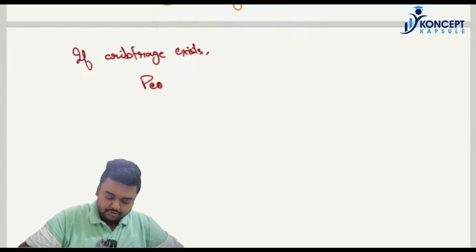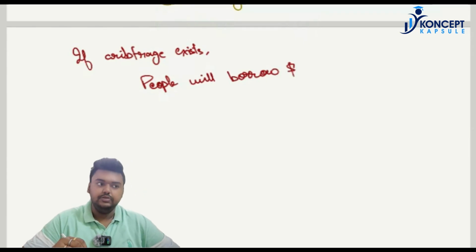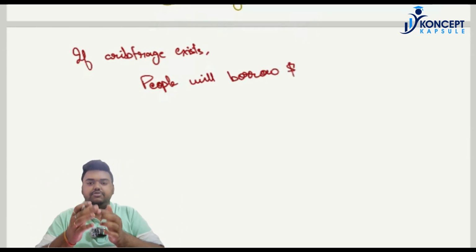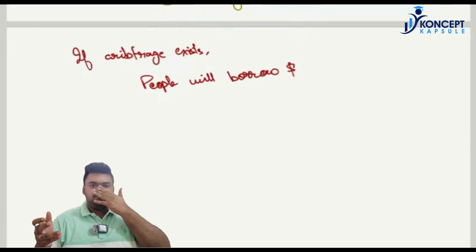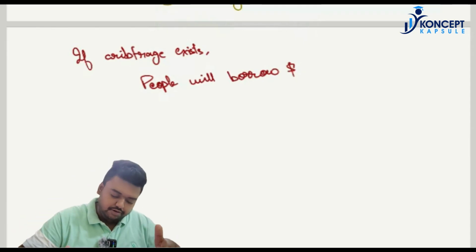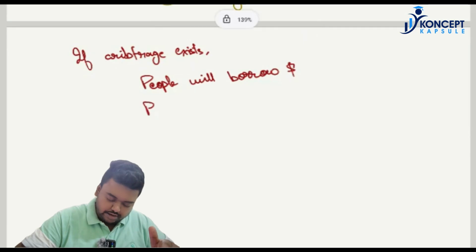People will borrow dollars. From this example, it might be the opposite as well. It might be a situation where borrowing in rupees is beneficial. In our example, borrowing in dollars was beneficial. People will borrow in dollars and people will invest in rupees.